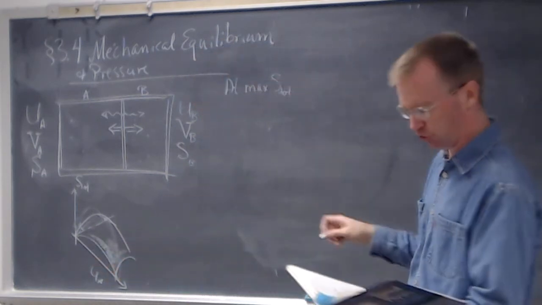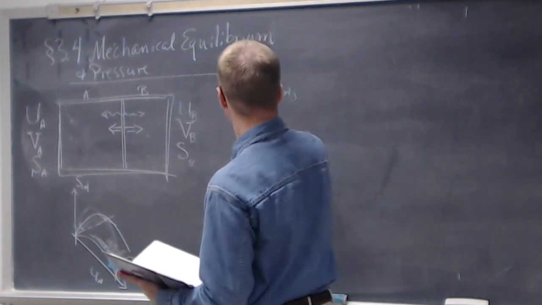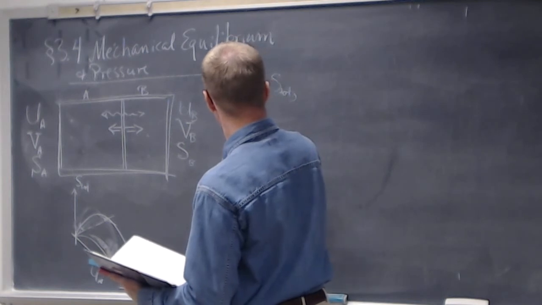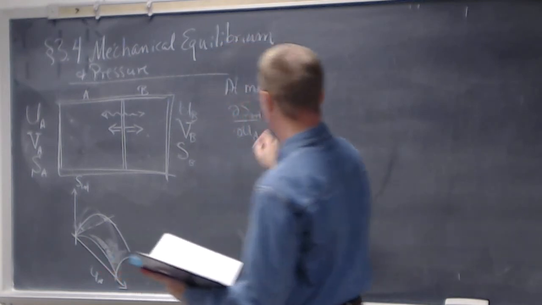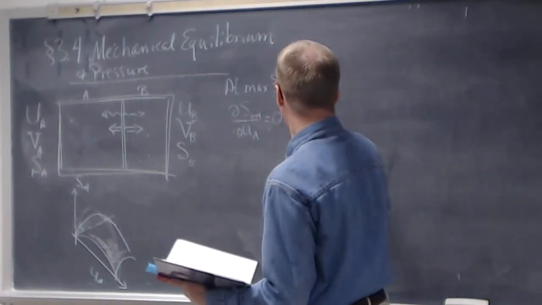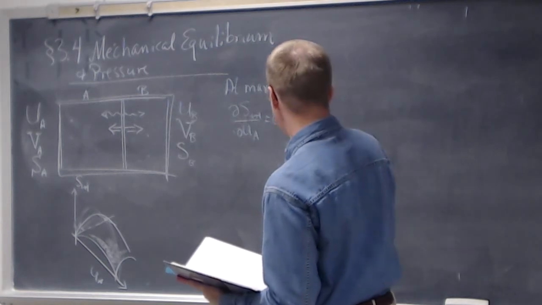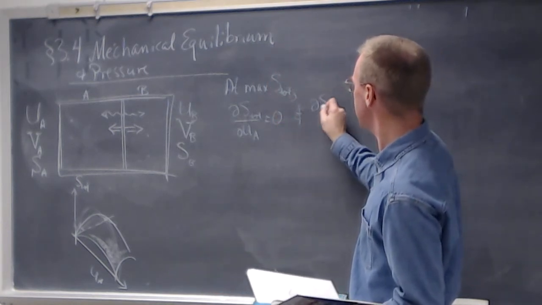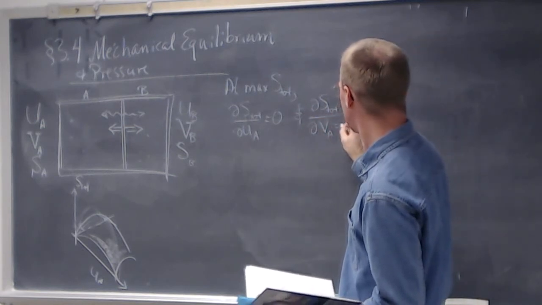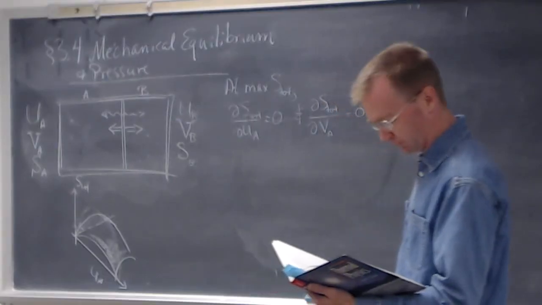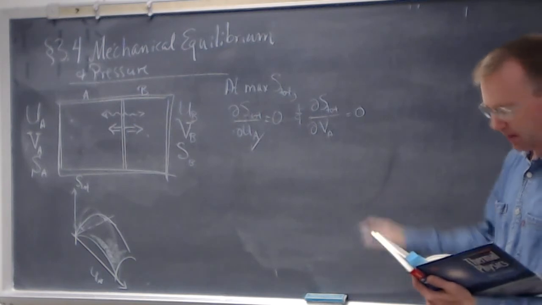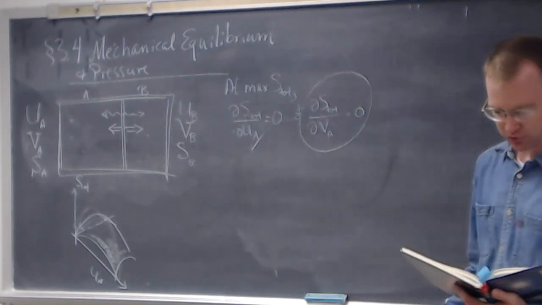So at maximum total entropy, the derivative of total entropy with respect to energy of A is zero, and the derivative of total entropy with respect to the volume of A is zero. We've already done the first one, which got us thermal equilibrium. Now we're going to take account of the exchange of volume.